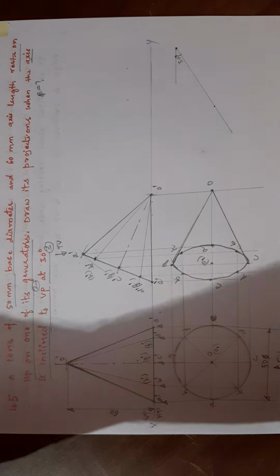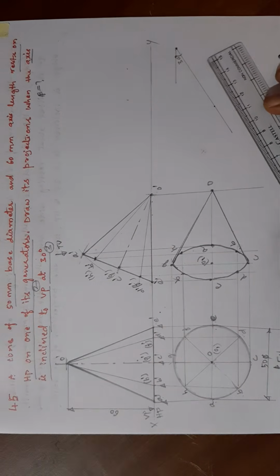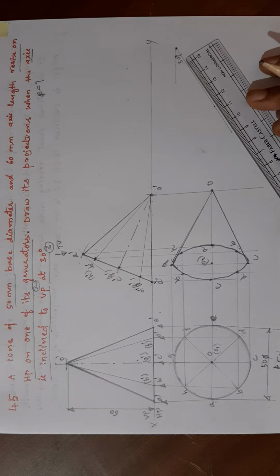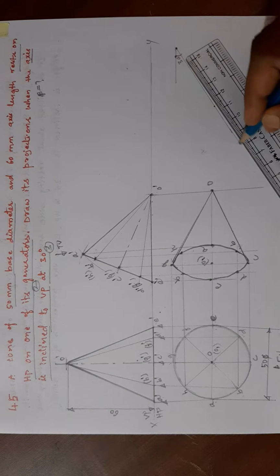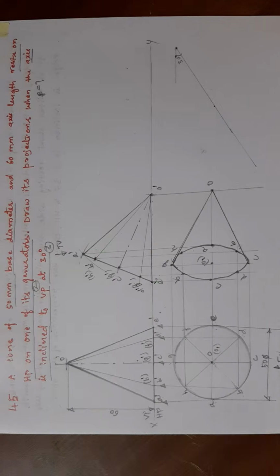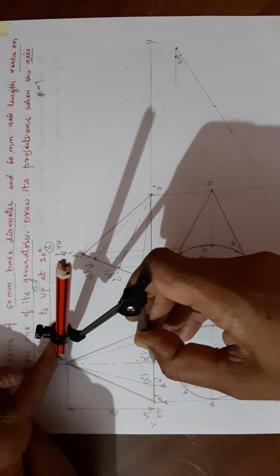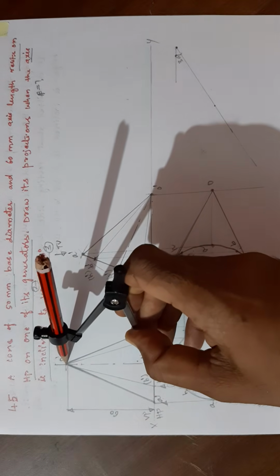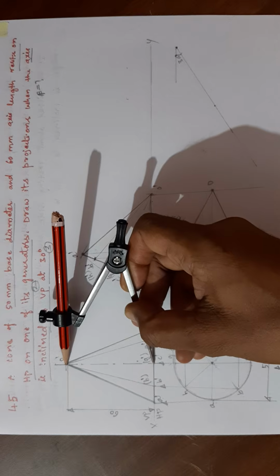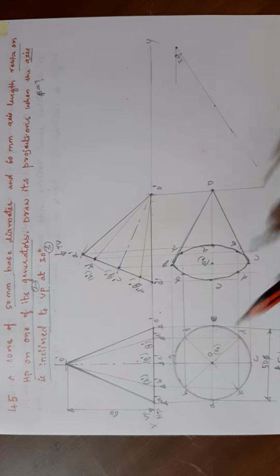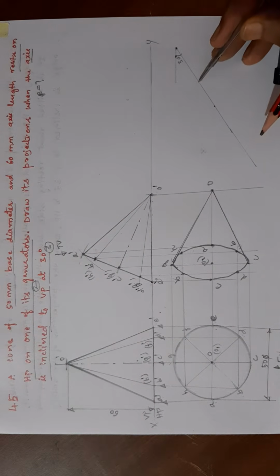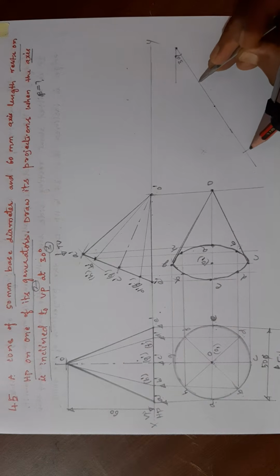So extend this 30 degree line a little bit. Then measure this true length, that is O dash and O1 dash here, the true length of the axis, and keeping the compass here, cut this.